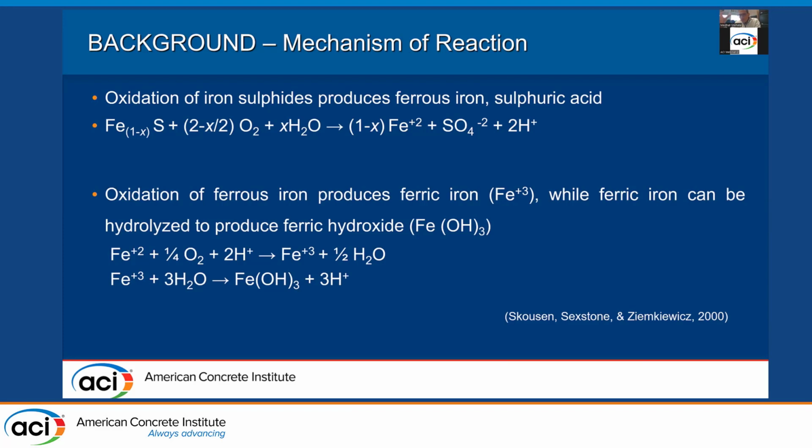Whenever there is a test method for ASR, for example, alkali-silica reaction, we know that it's a reaction between silica and alkalinity. So acceleration is by providing the reactants with an environment that promotes the reaction. In the case of ASR, it's high temperature and maybe a high alkaline solution.